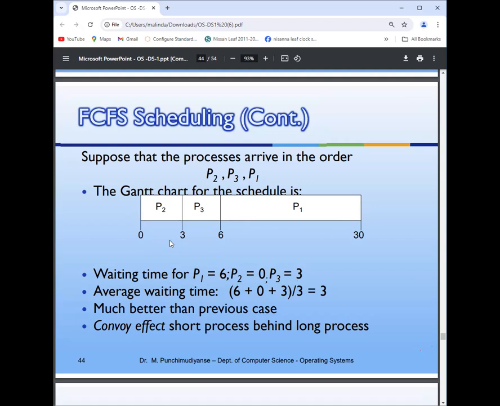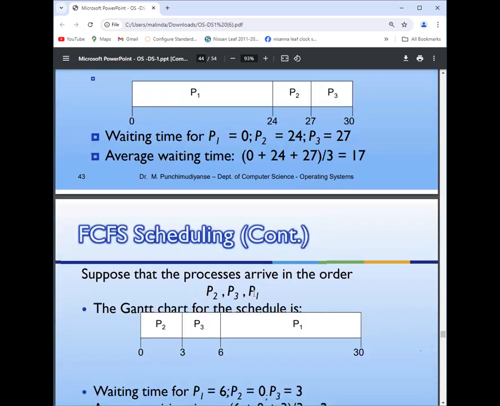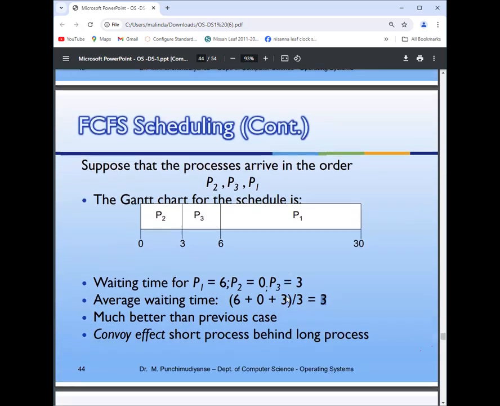And P3 has to wait for 3 milliseconds to get the CPU. So we have different waiting times based on the different arrival order. If you take an average, the average waiting time is 3 now, right? Earlier it was 17, but now it is 3 because of the different order of appearance.